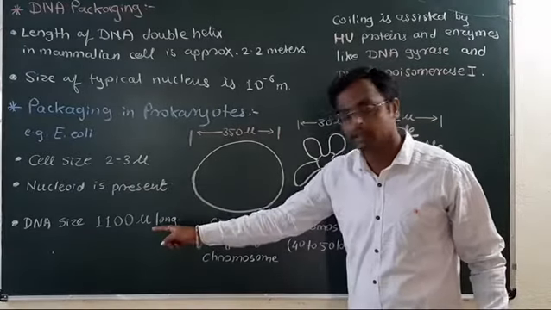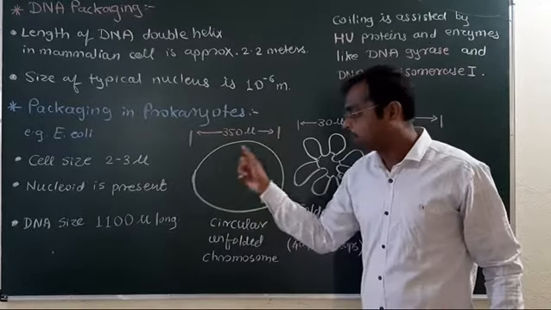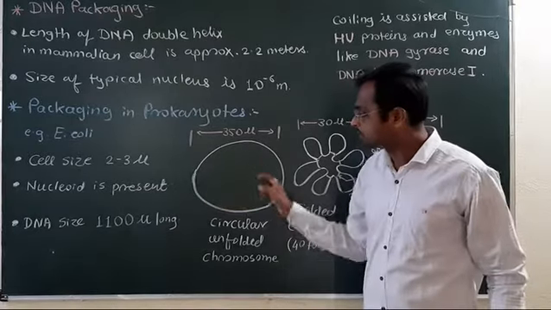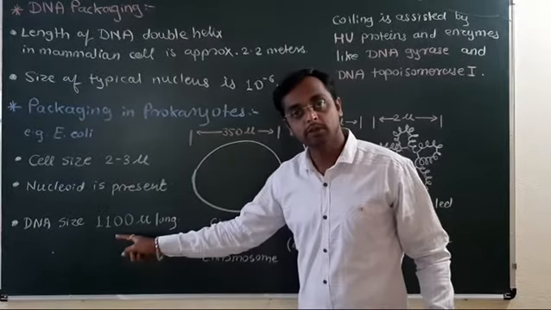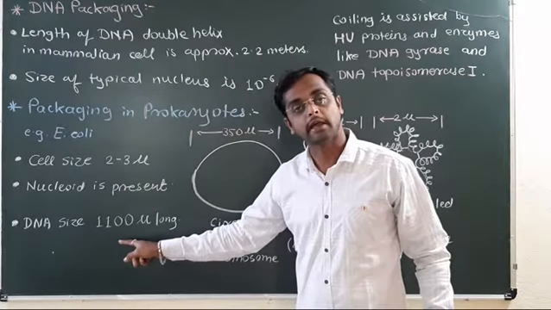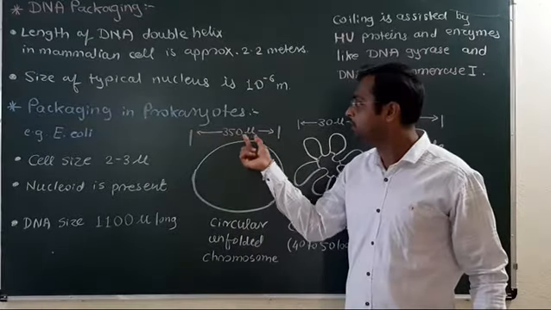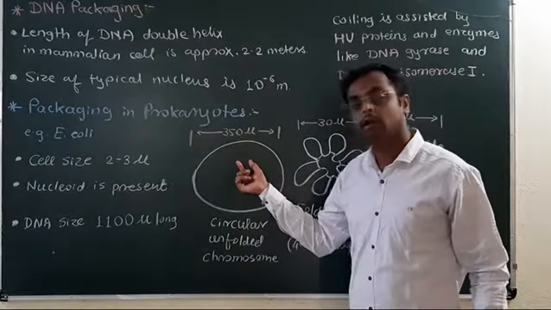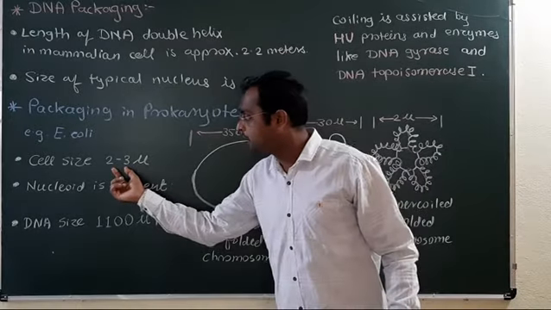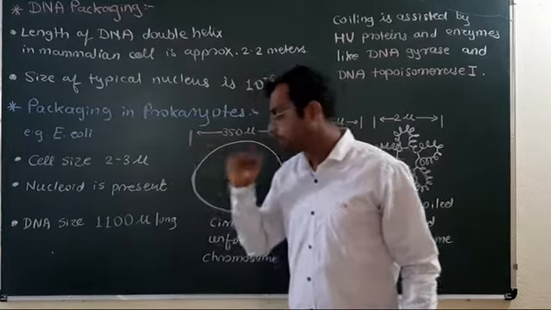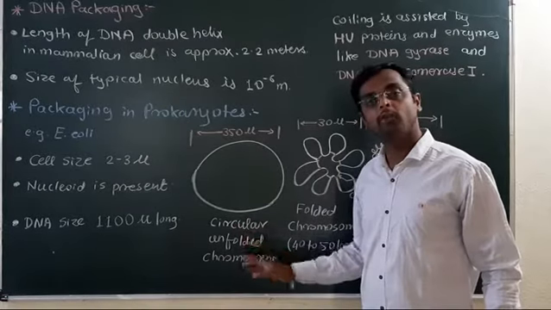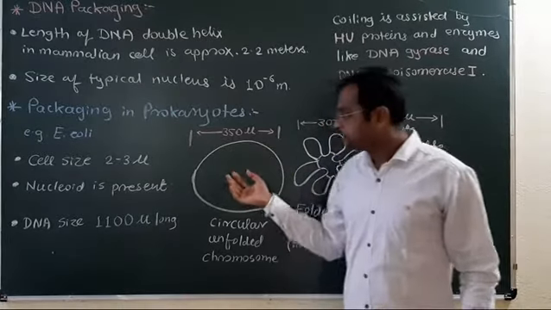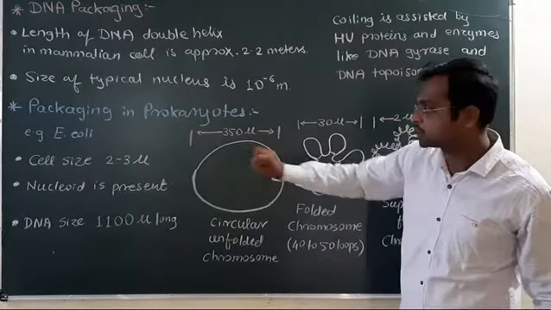This negatively charged DNA gets circularized, and this is the circular unfolded chromosome. By circularization, the size is reduced from 1100 micron to 350 micron. Understood? Now again, can this 350 micron be accommodated into 2 to 3 micron? No. So this circular unfolded chromosome is thrown into folds.